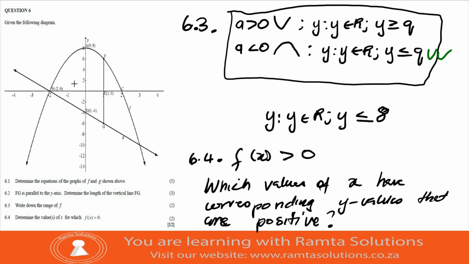Look at the values of x below this line, meaning when x is less than -2. We're looking at f of x, right? When you look at it, any value below -2, meaning you go to the left, has a corresponding y value that is negative. We are not looking for that.